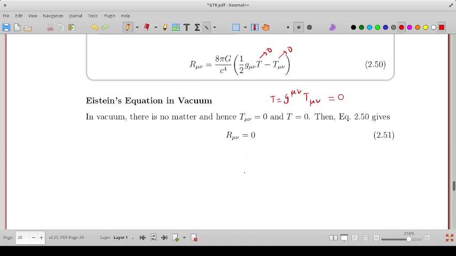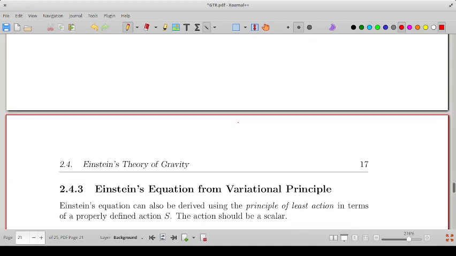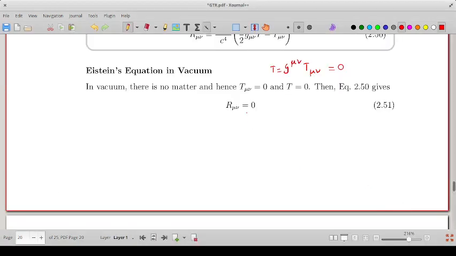So this is Einstein's equation in vacuum. And R mu nu involves second derivatives of the metric tensor, and therefore this differential equation needs to be solved, and its solution depends upon the boundary conditions.